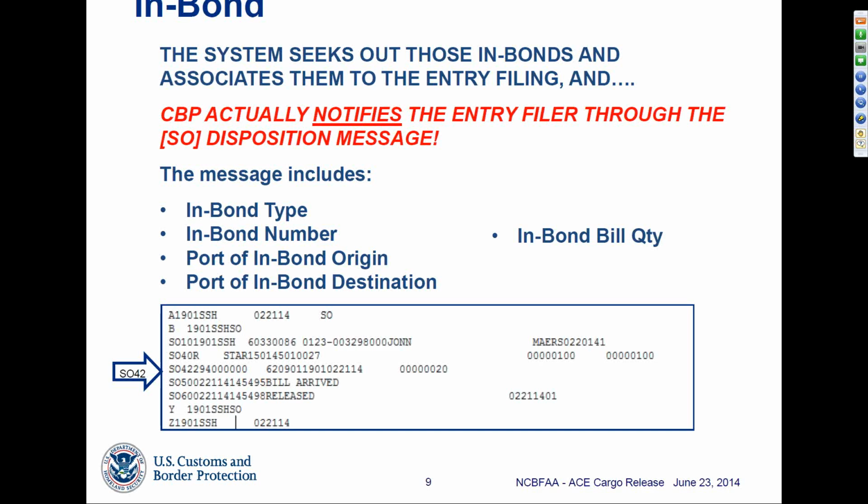Meaning if it's stretching out so the last part of the shipment isn't arriving until day 11, on day 11, just after midnight, we issue the release for the first 3 parts, give you a message that the 4th part is not eligible for release, leaving you to file a new and separate entry for that 4th part, which saves issues with general order as well. Right, within the entry summary.